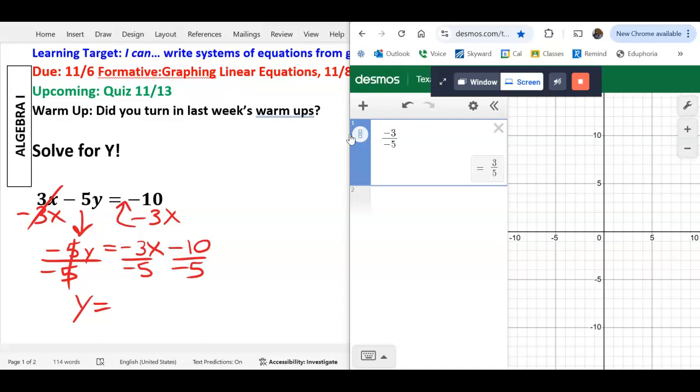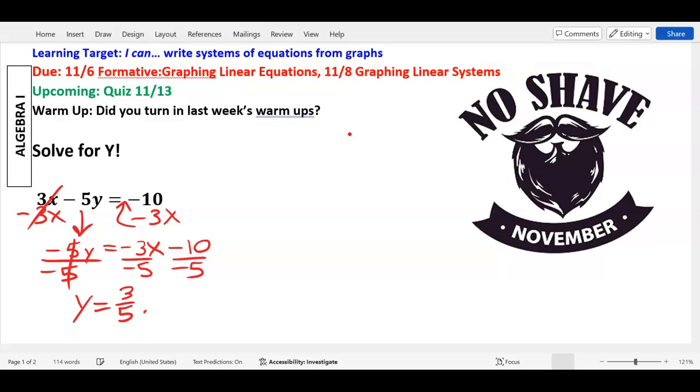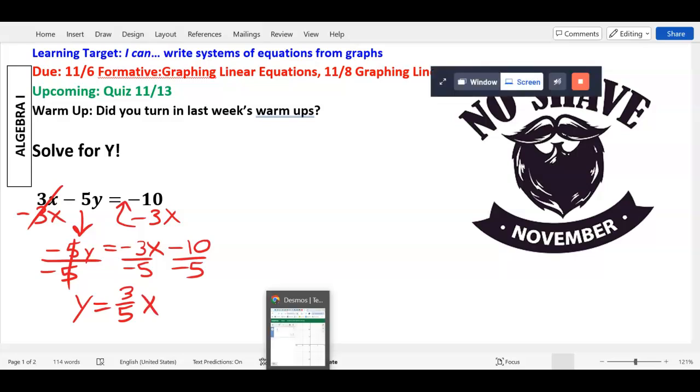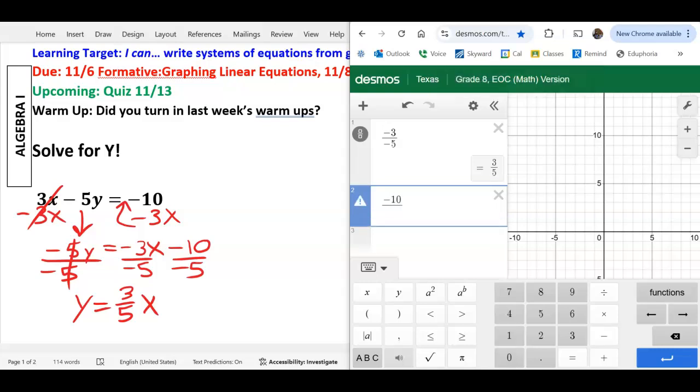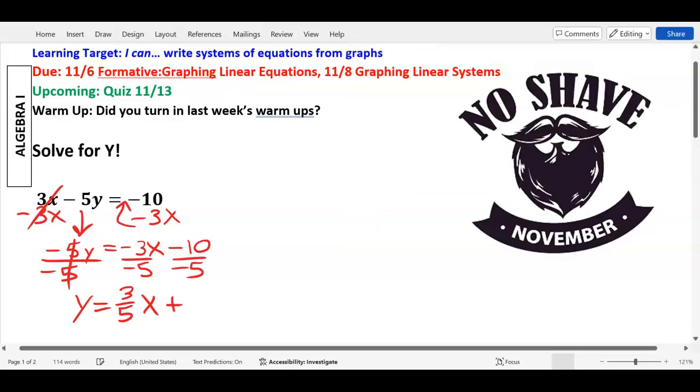So it didn't reduce, but the negatives canceled out. So it's just 3 over 5x, and then negative 10 over negative 5 gives me 2. So it's positive, so plus 2. Okay?